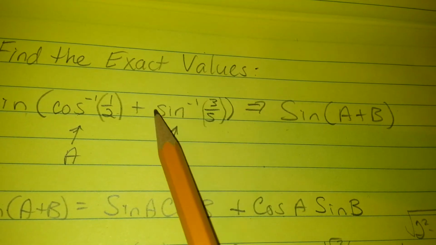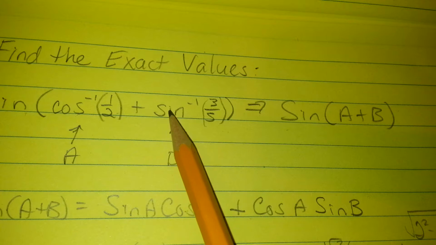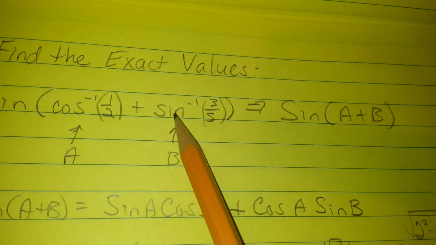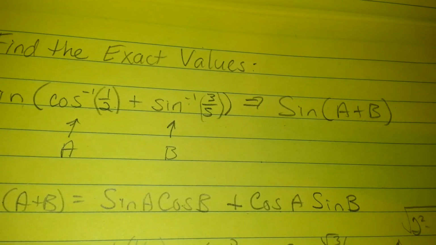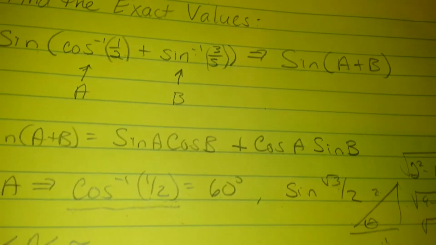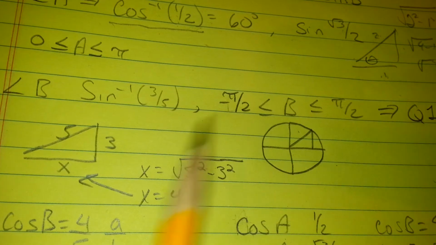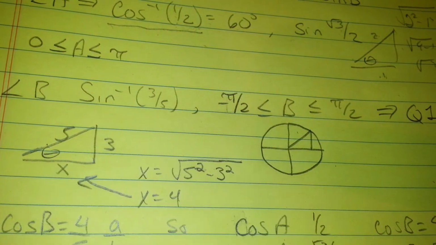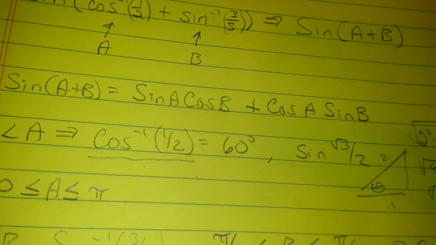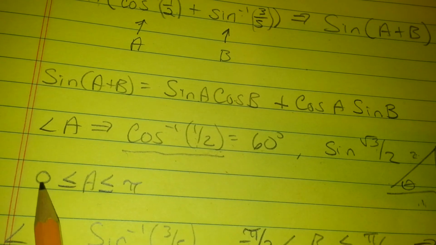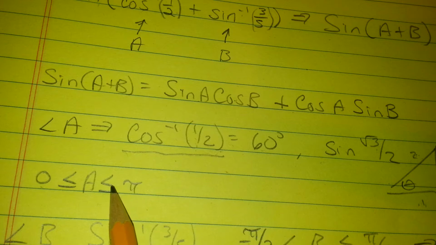Going back to the original, B comes from an inverse trig function, inverse sine of 3/5. That's something I don't recognize from the unit circle, so we're going to have to do that little triangle bit. Here's my angle theta. By the way, what was given in the problem also was that angle A is between 0 and pi, greater than or equal to 0 and less than or equal to pi.